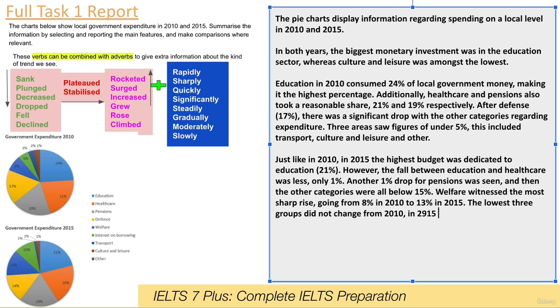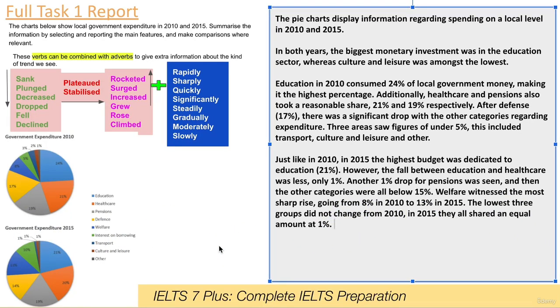In 2015, they all shared 1%. All shared an equal amount at 1%. Okay, let's read this back and see how we're doing.